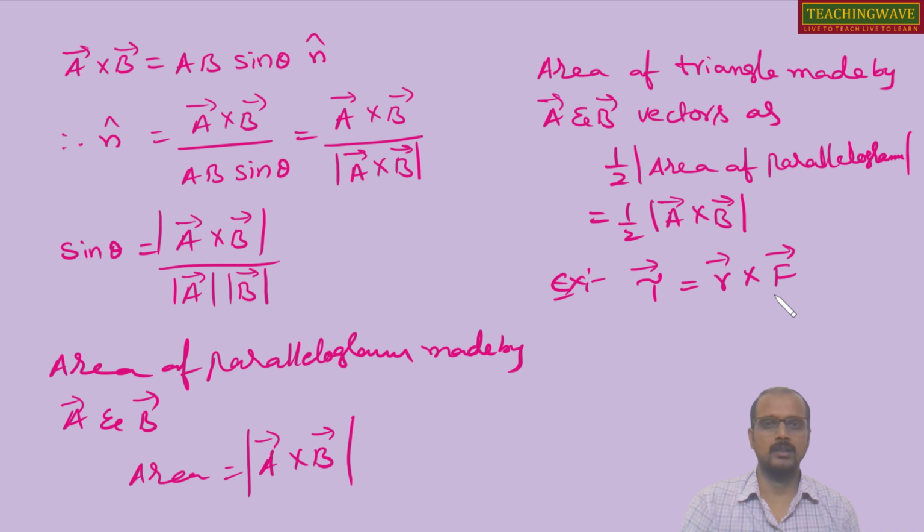Here F bar is the force applied on the body, and R bar is the position vector of the point of application about the reference point or reference axis. So the moment of force tau bar is equivalent to R bar cross F bar.